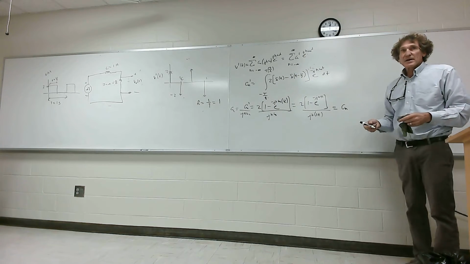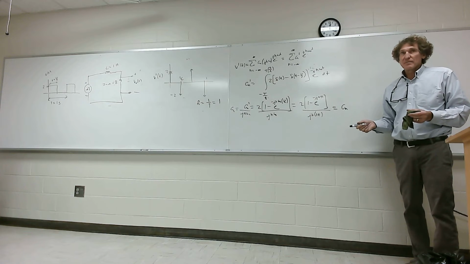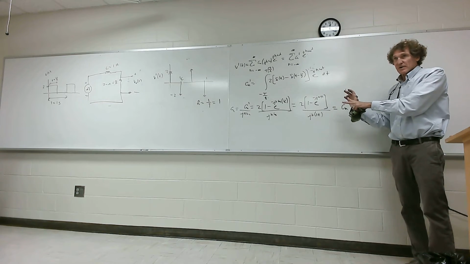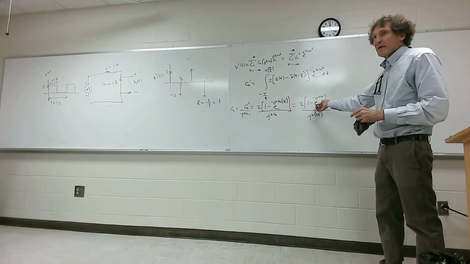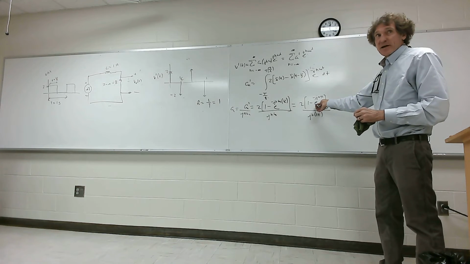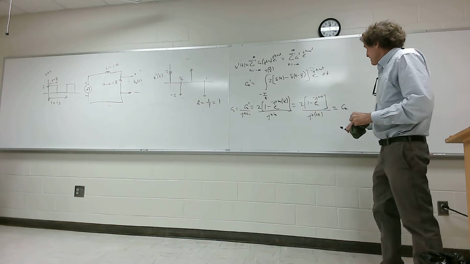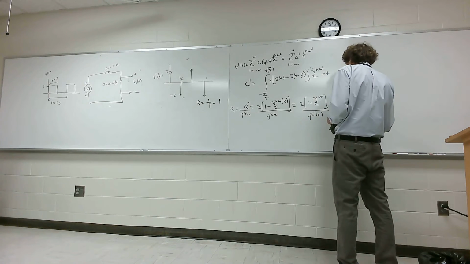Now, anybody want to take a guess at an easy way to do it from here? This is right. You don't have to go any further, but remember how I'm always pulling out half-angle kind of things, e to the j half angle? You can make this what?